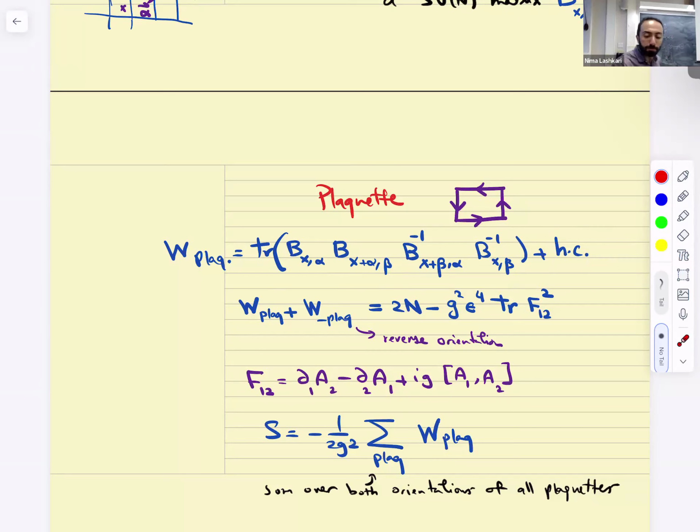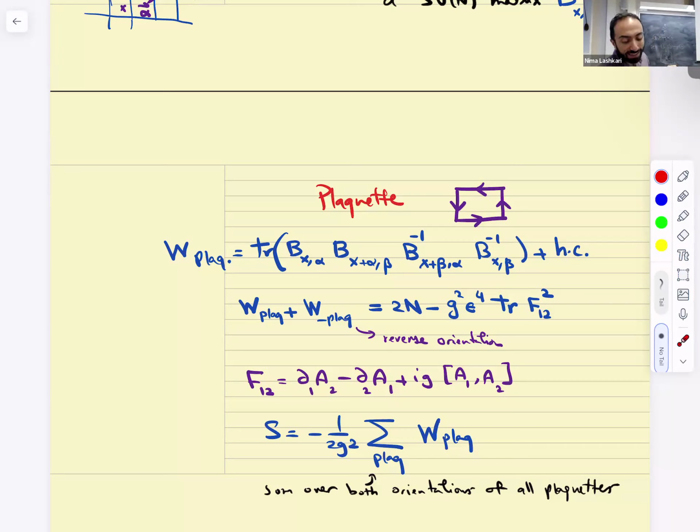Now, how is this plaquette different from the same plaquette with the opposite direction, where you go in the other direction? That's where every B is replaced by B inverse. It's different.